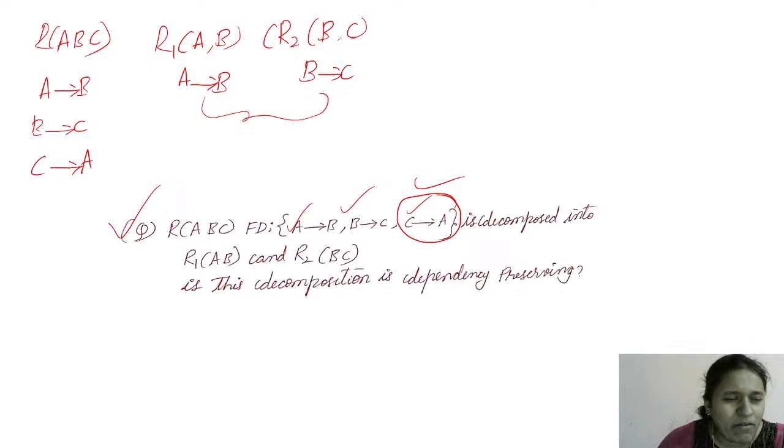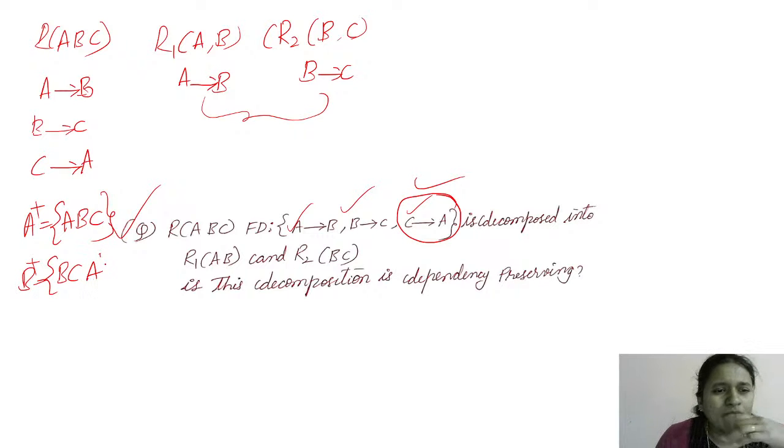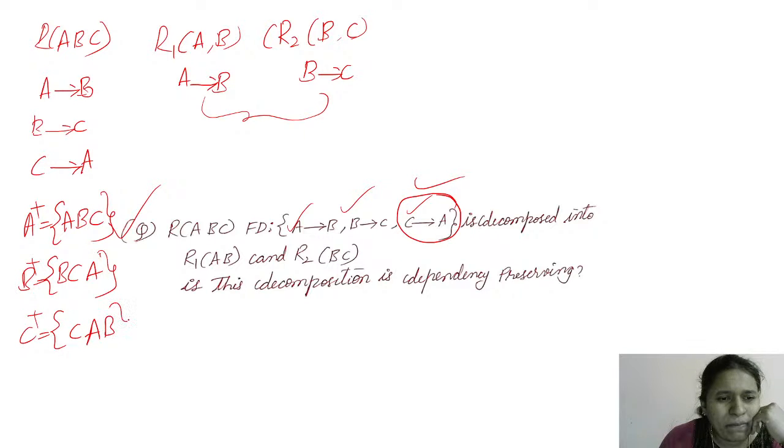For that, first of all, from the given relation we have to take the closure of all. From A plus we are getting A, B, C. A can determine B, B can determine C, C can determine A again. B can determine C and C can determine A. Again C plus is also C, A, B. That means we can write it like this also, right?